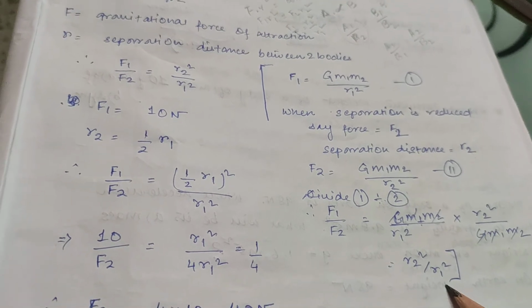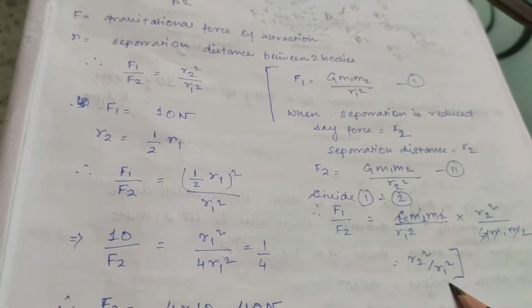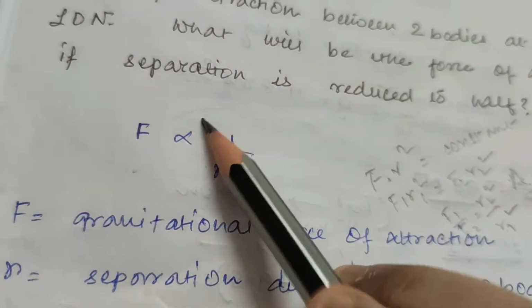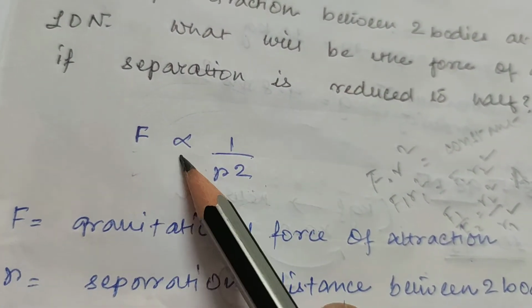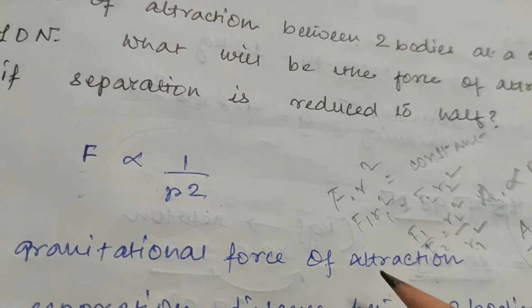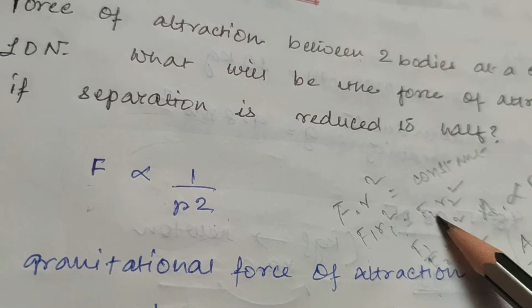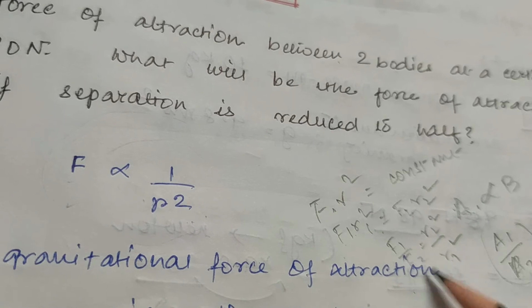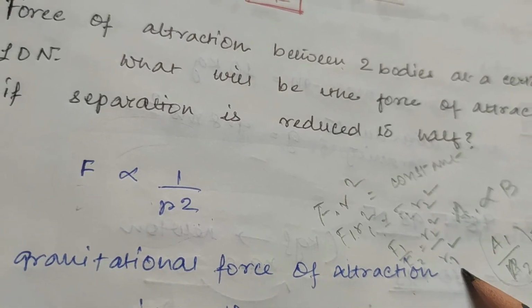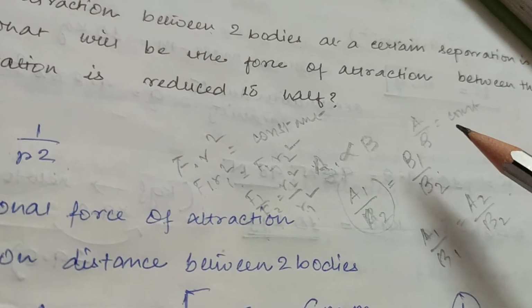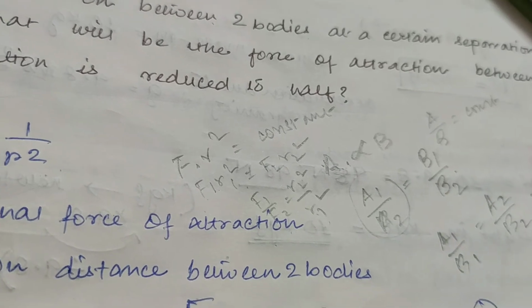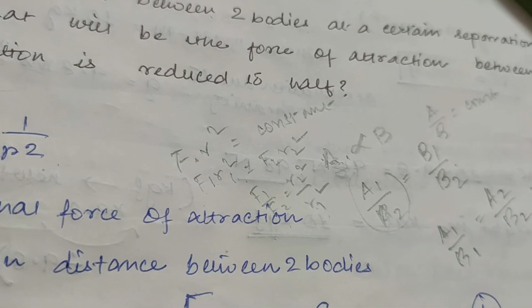So whenever you have an inverse relationship, we can write F into R square equal to constant. Therefore, F1 R1 square equal to F2 R2 square, so F1 by F2 equal to R2 square by R1 square. If you have a direct relation, you can write it like the earlier one. Okay?